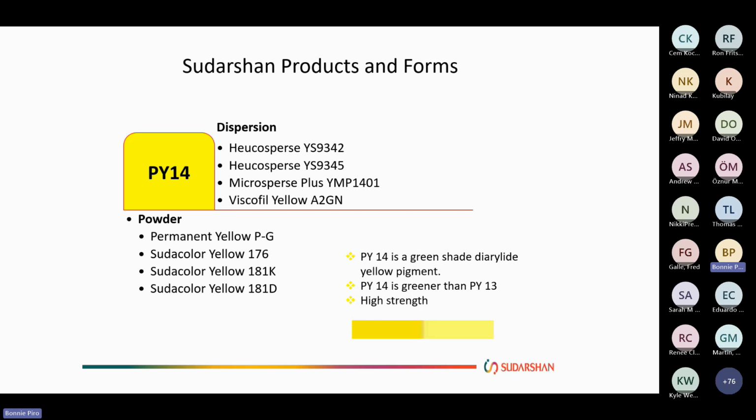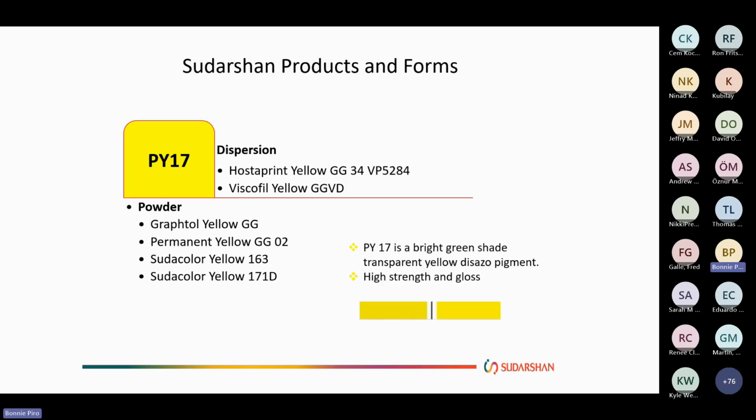So a number of products available as well. And then continuing down the line of diarylides is the Yellow 17. This is starting to move a little bit more towards the mid shade range. Yellow 17 tends to be very transparent and provides high strength and gloss to ink formulations.